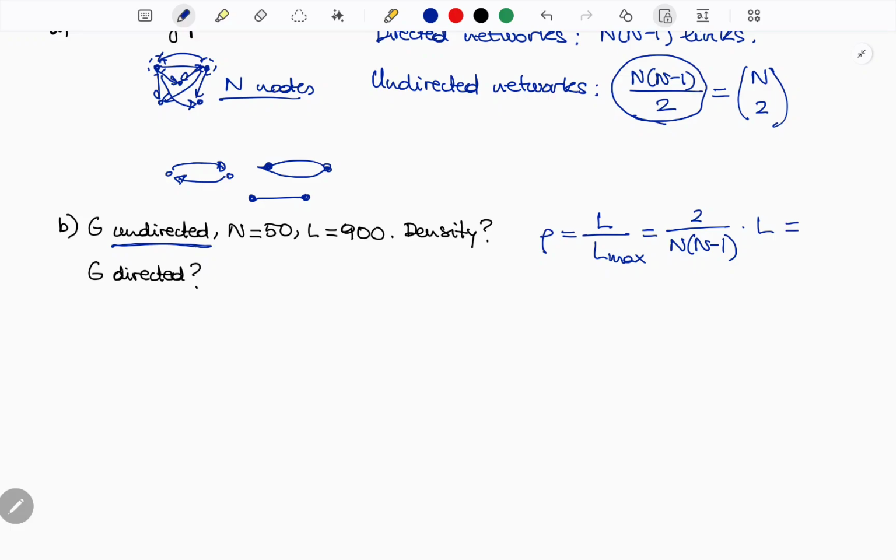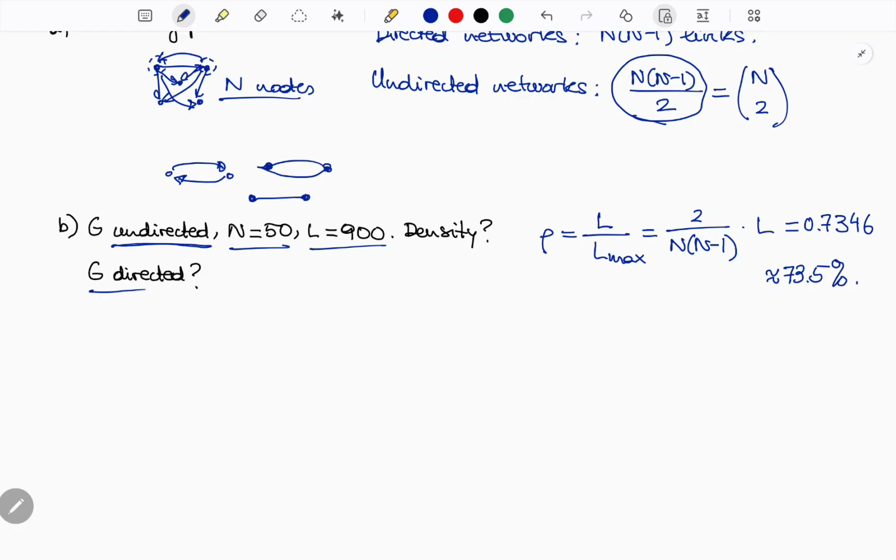And if we substitute these numbers, 50 and 900, I'm going to obtain 0.7346, which is more or less 73.5% of the links present in this network. This is a rather filled network. This is quite dense.